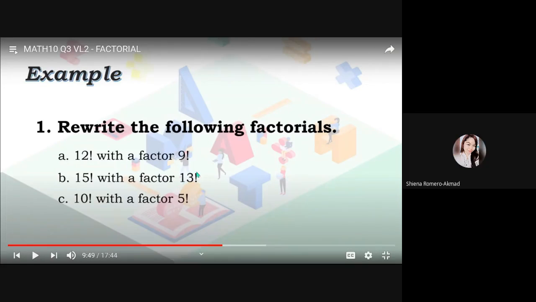Dapat isa sa factors niya 13 factorial. 15 factorial equals 15 times 14 times 13. Times 13 ano? May nakalimutan ka.